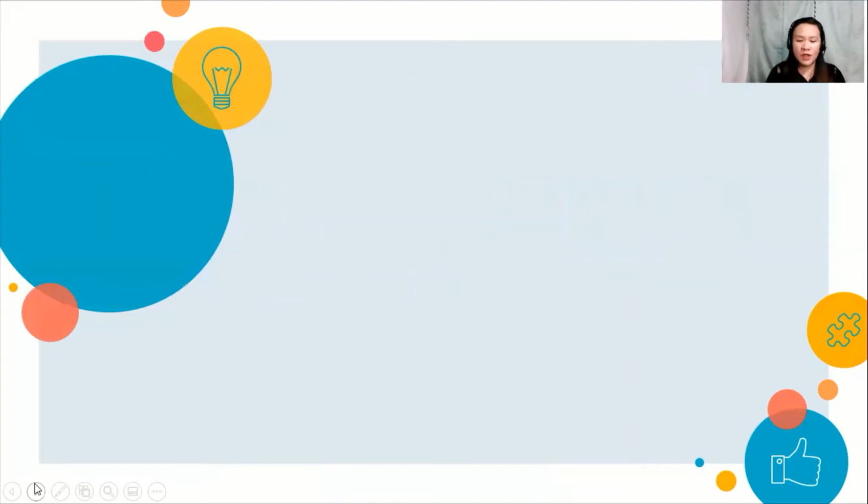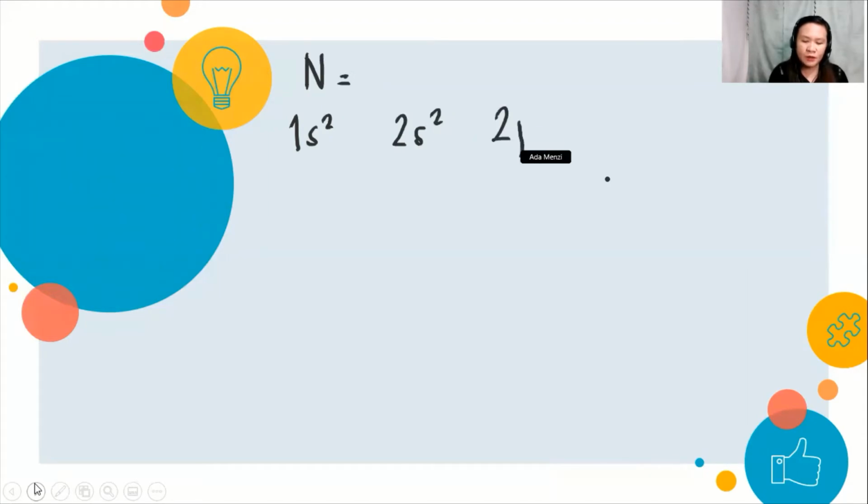Let's try these different elements. They are also the exercises that we have done in the electron configuration. Let's first try nitrogen. How do we write the orbital diagram for nitrogen? The electron configuration for nitrogen will be 1s2, 2s2, and 2p3.